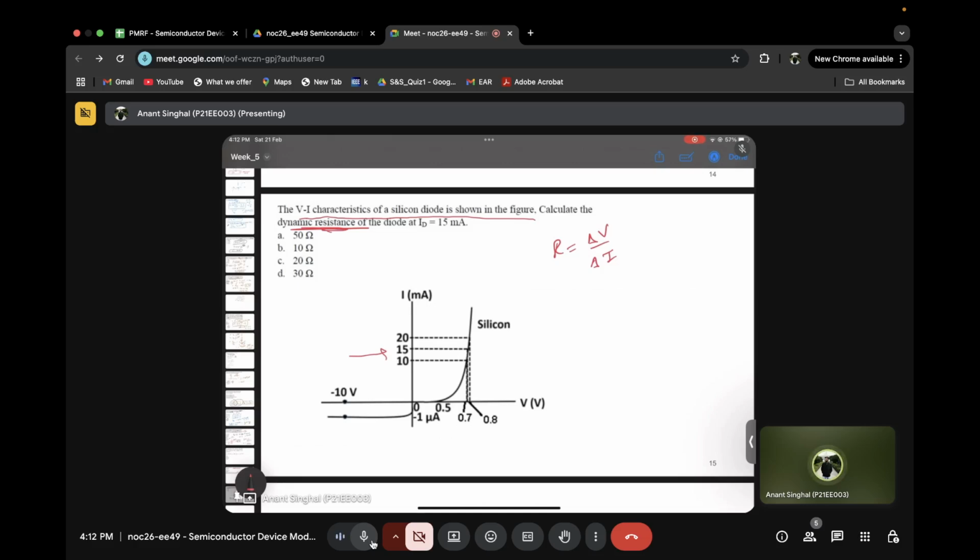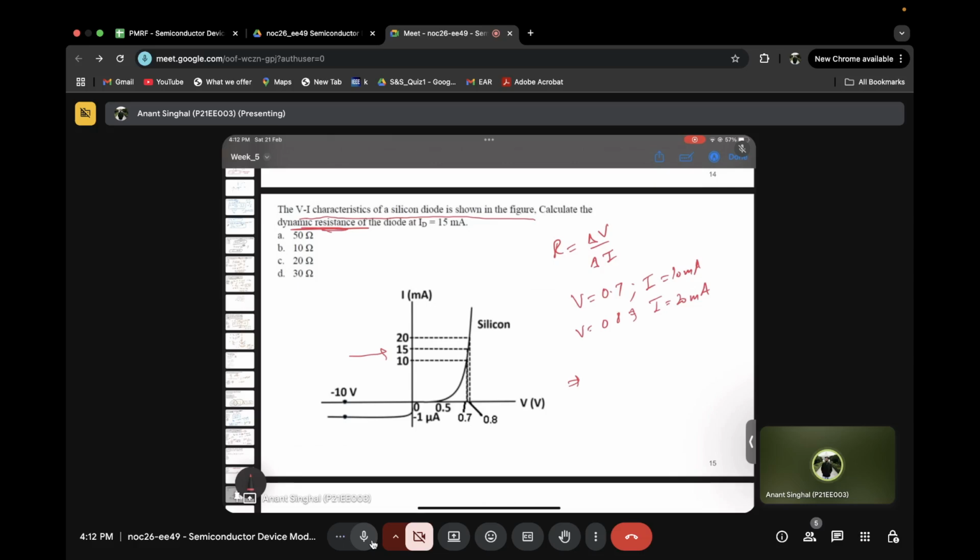So we have already been given the values. At V equals 0.7, your current is 10 milliamps. At V equals 0.8, the current is 20 milliamps.